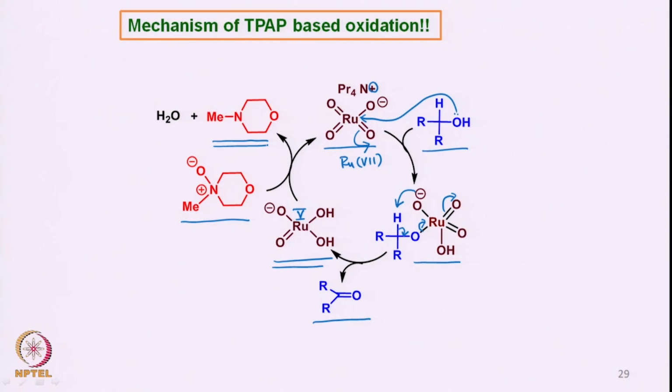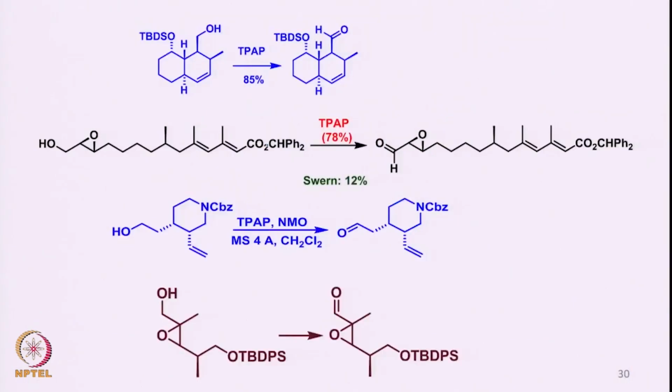Obviously, this does not react further with the aldehydes to form the acid. So, examples are here. This kind of alcohol having a double bond is converted to the corresponding aldehyde with 85% yield.